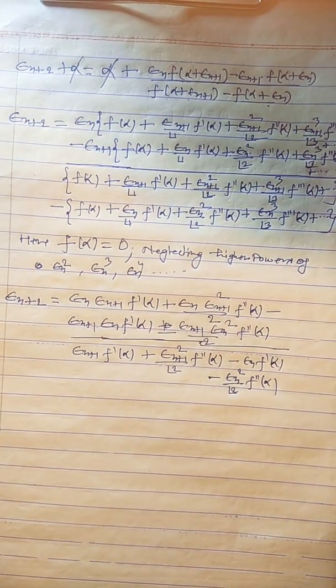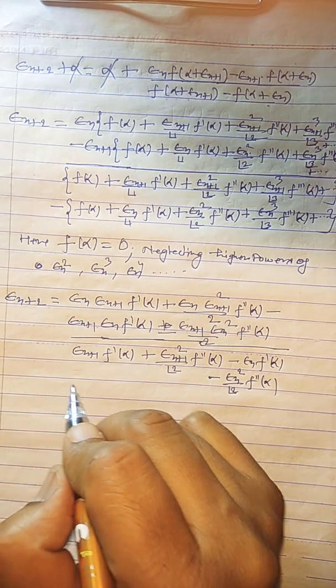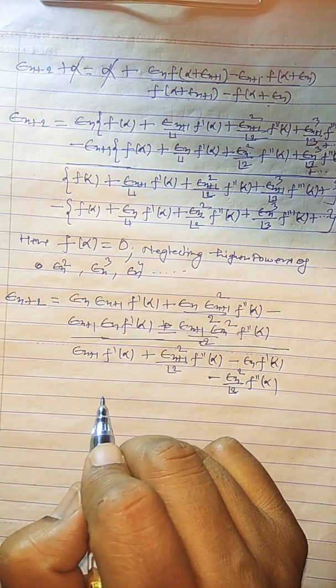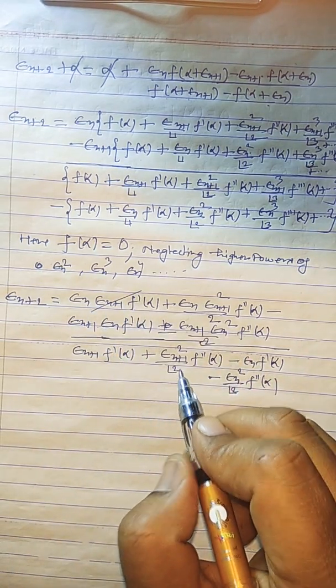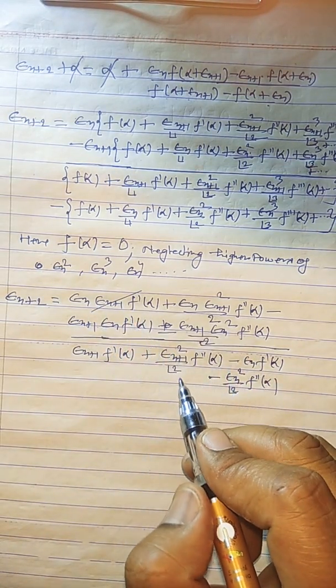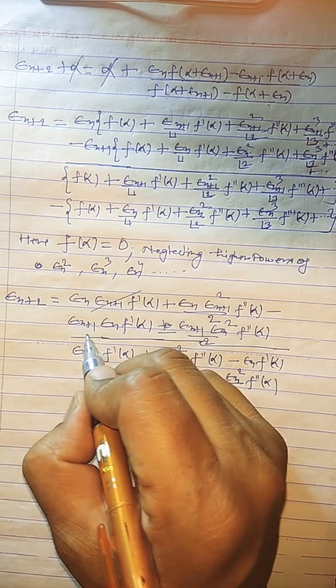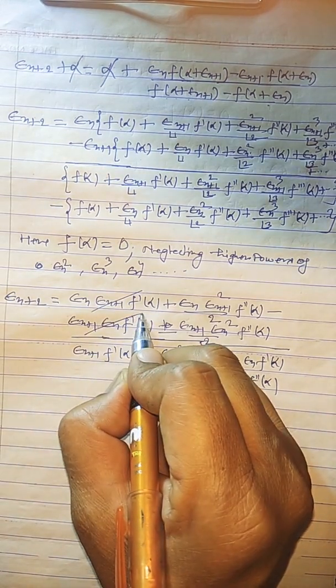Okay, now we simplify it. Here a few terms are cancelled out. Here we can see epsilon n plus 1 f dash alpha cancels out with this term.